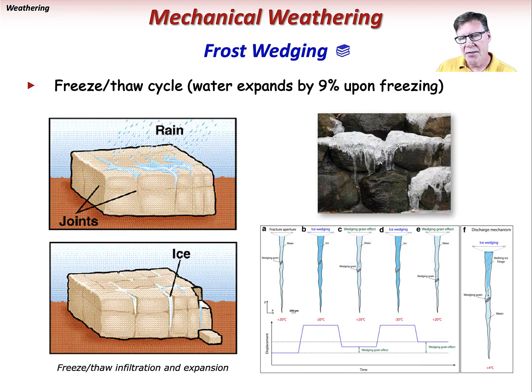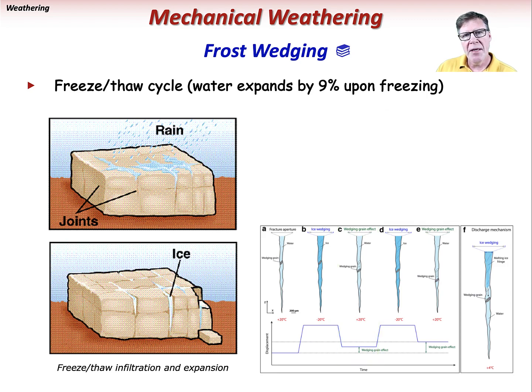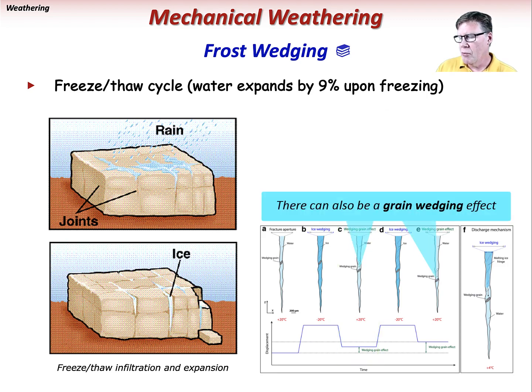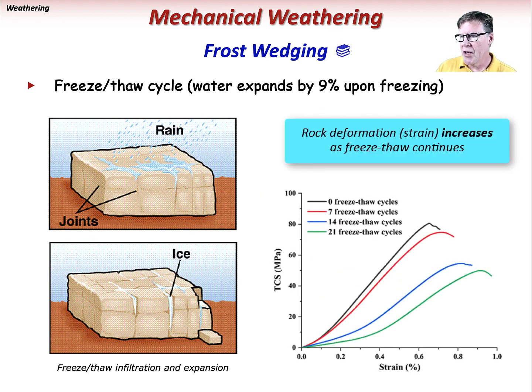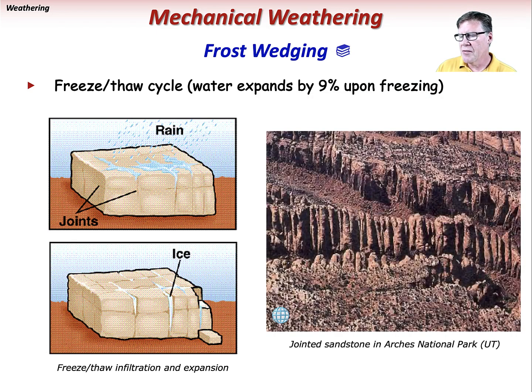The water melts as the temperature rises again the next day. This cycle repeats until the water drains away. Over time, this process acts like a hydraulic jackhammer, progressively widening and lengthening the fissures in the bedrock. The effects of frost wedging can be seen clearly in places like Arches National Park in Utah.